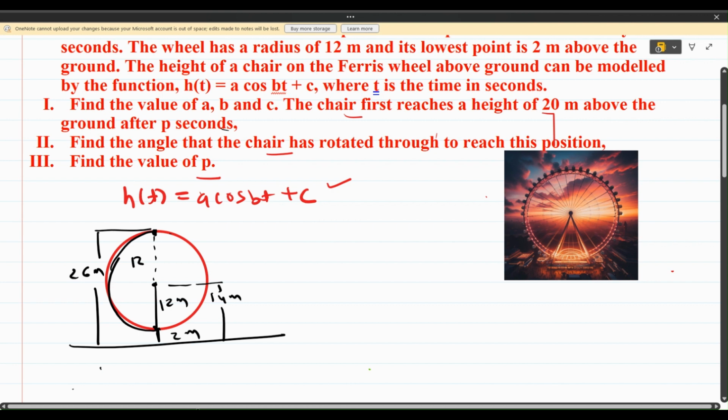Now what are a, b and c in this function? A is the amplitude of the graph. B is the horizontal stretch or compression.